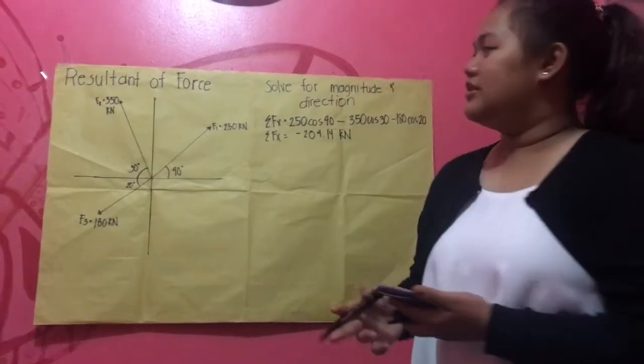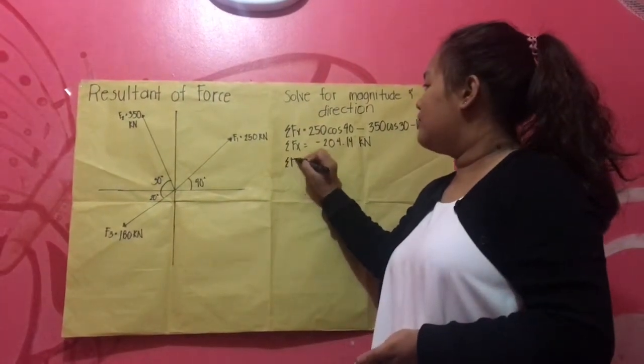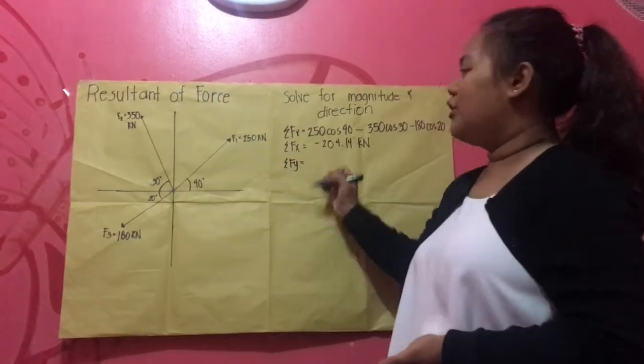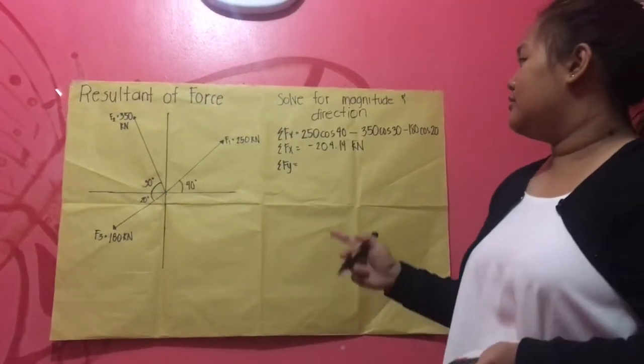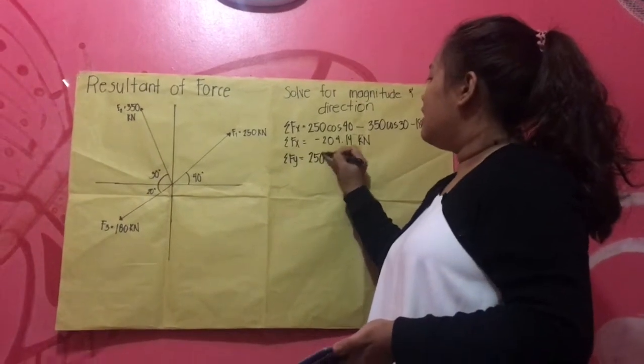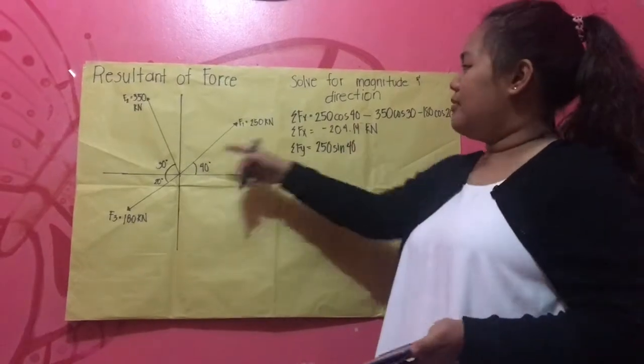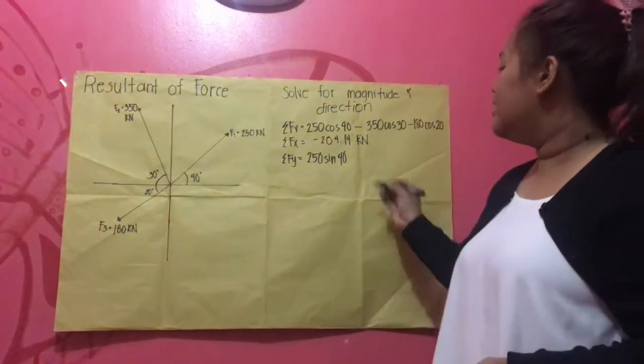kilonewtons. So the next thing to do is to get the summation along the Fy axis or y axis. So first, 250 cosine of 40 since it is on the positive side of y.